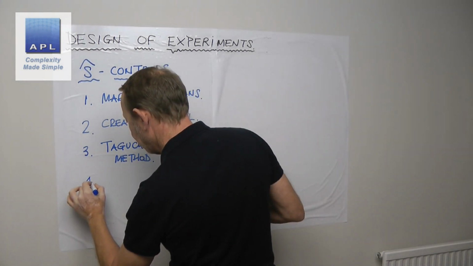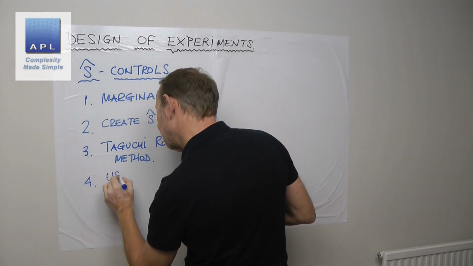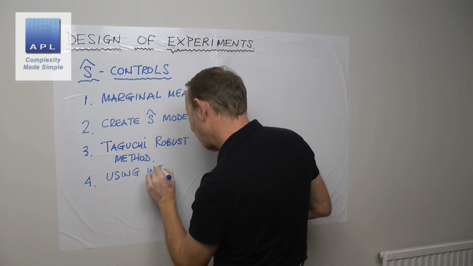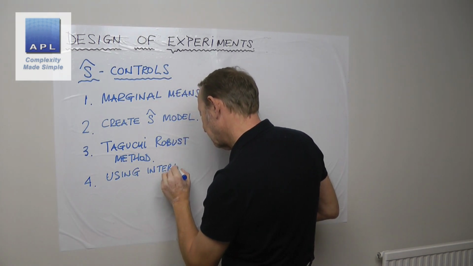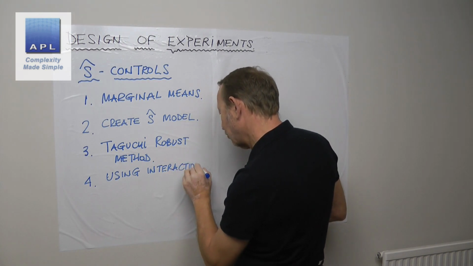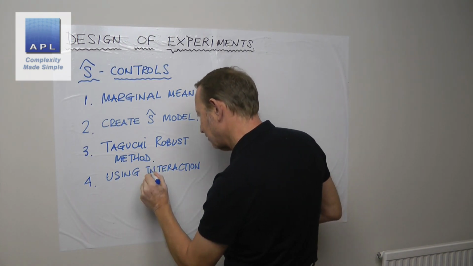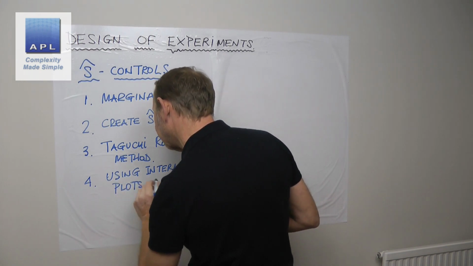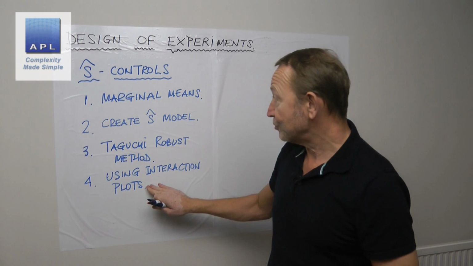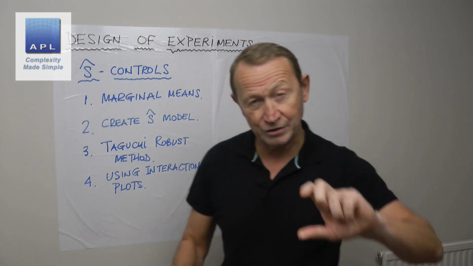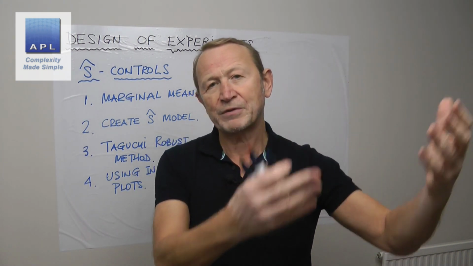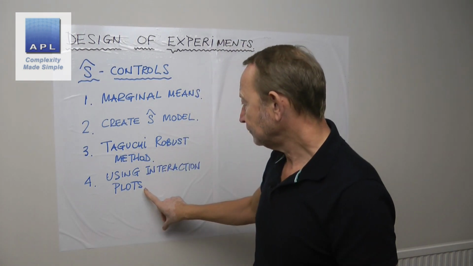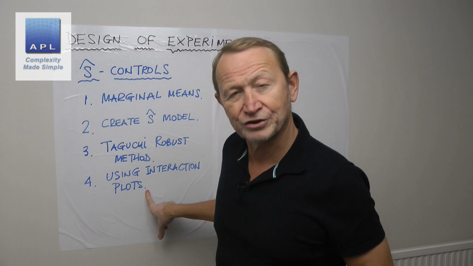And the fourth way is using interaction plots. Now, we haven't covered interaction plots yet. I've been saving it for later in the course. But interactions appear in models, and they do, so that they turn up as a term with a value attached to it. But you can also draw pictures of them.